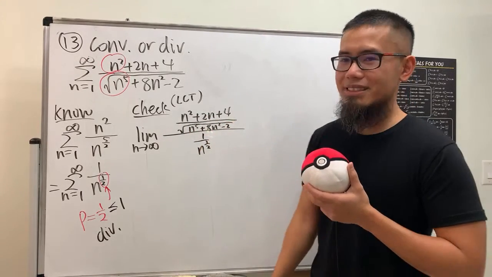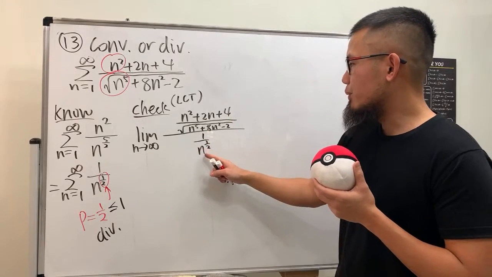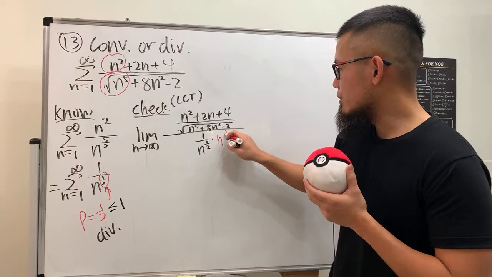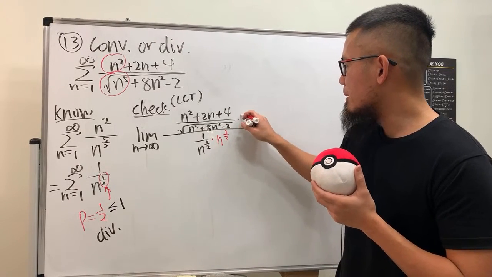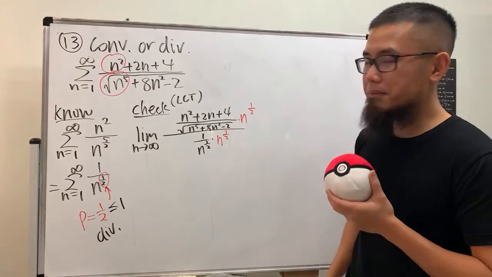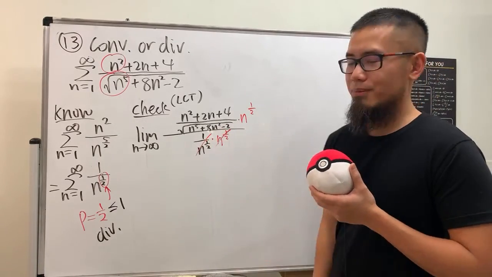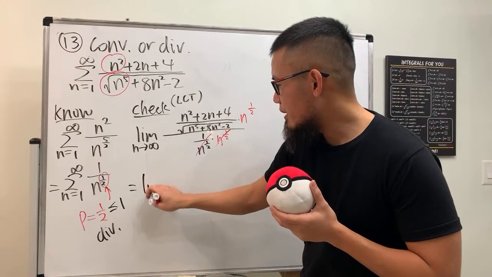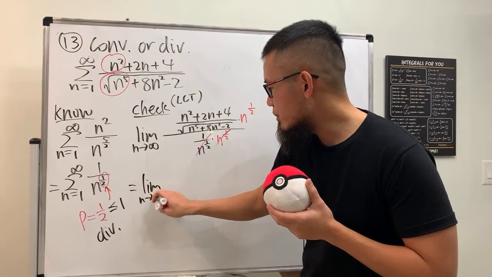All we have to do is put this on the top, and just to show work, I will multiply the bottom and the top by n to the 1/2 power. You still take the limit as n goes to infinity.